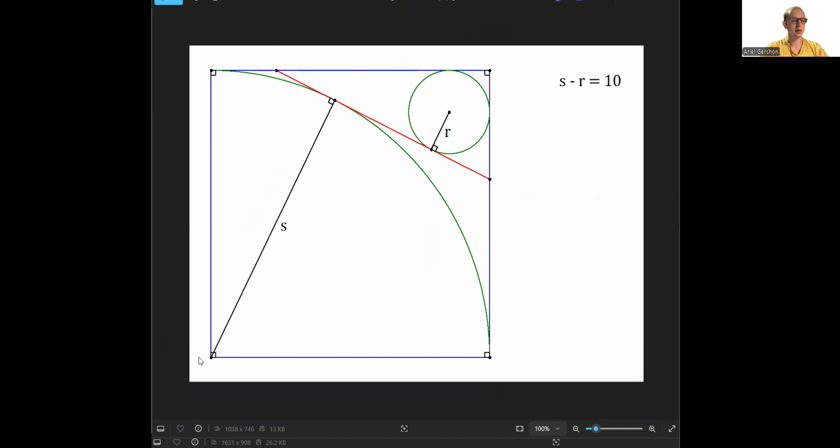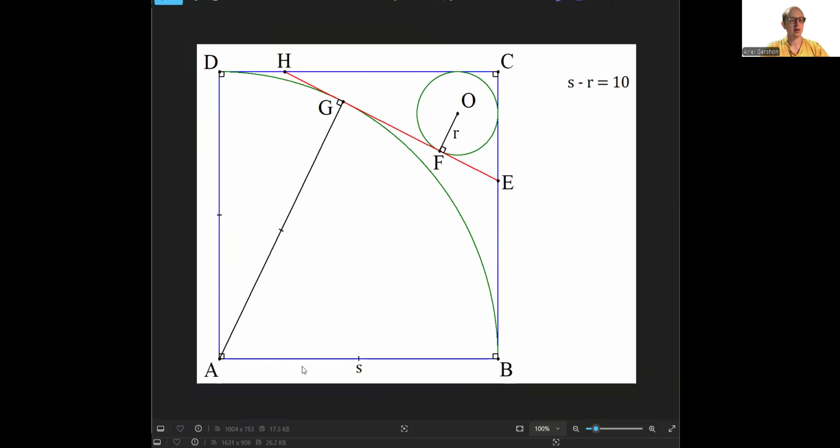Well, the first thing I did was draw out this diagram for myself, and I don't like using capital letters for side lengths. I usually use lowercase letters for side lengths in geometry. Usually uppercase letters are used for vertices and areas. So instead of capital R, I'm using lowercase s over here.